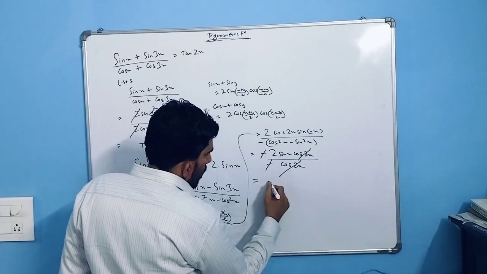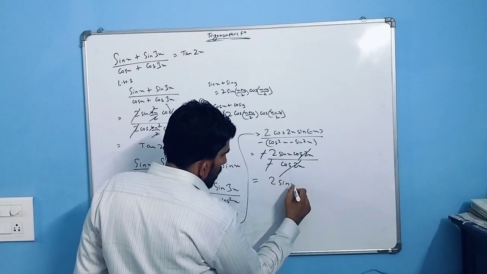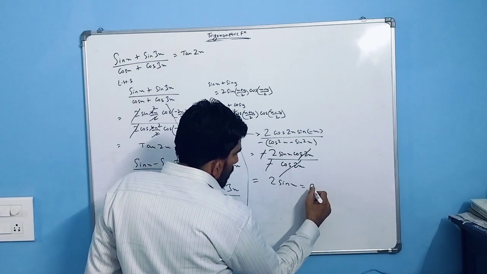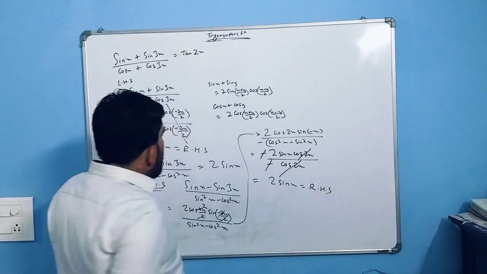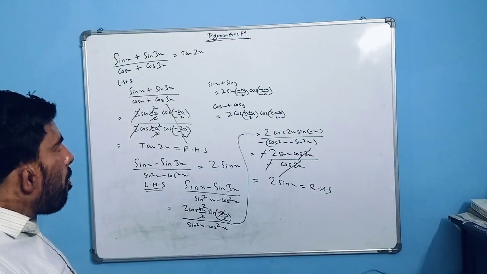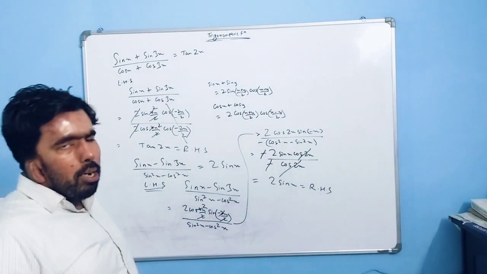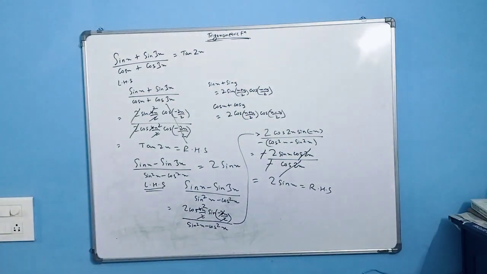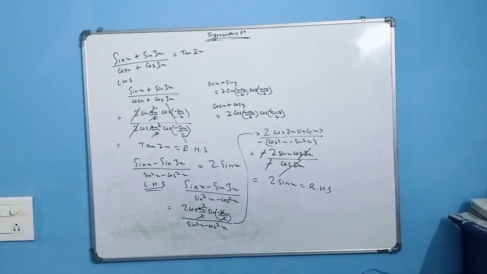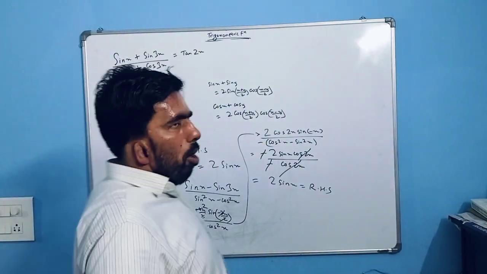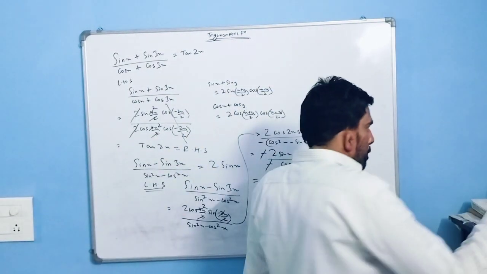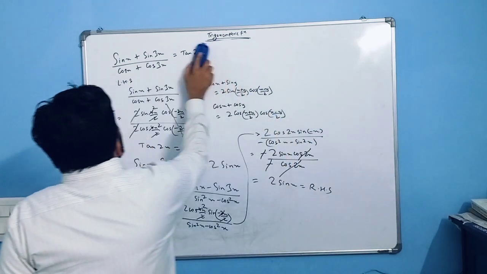Reduce this, so I got 2 sin x equal to RHS, which is required. So that is how we can solve such kind of numericals. Now we'll try to solve more numericals. Now let us see the next one.